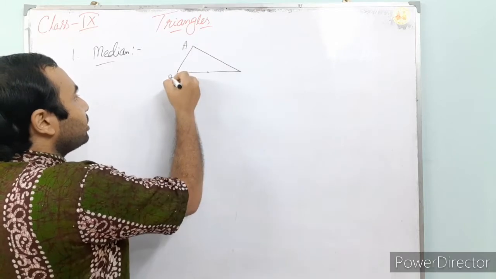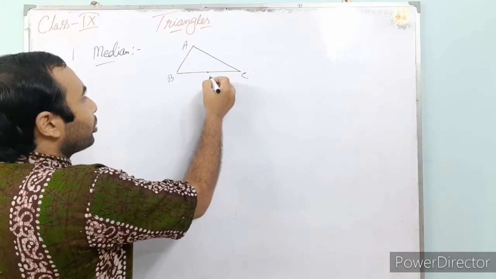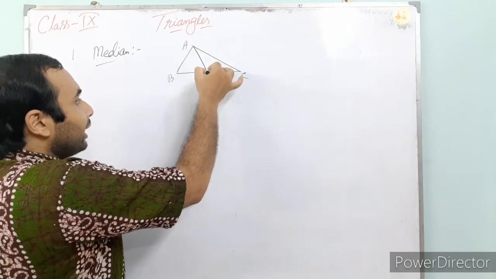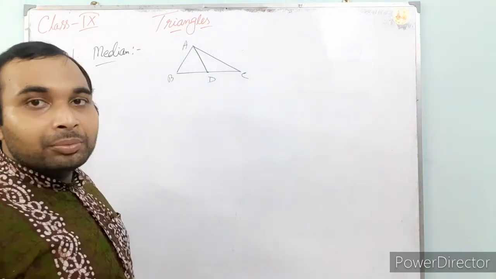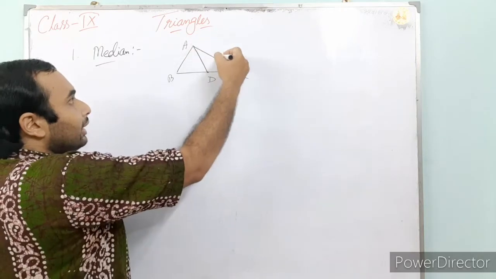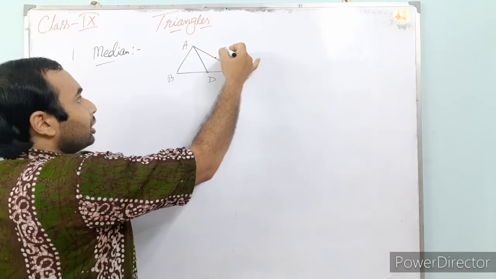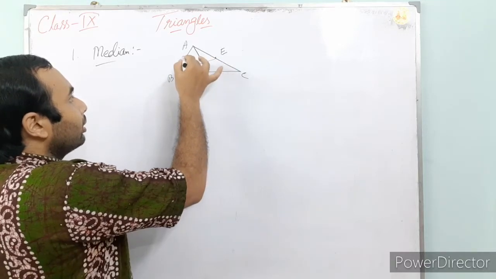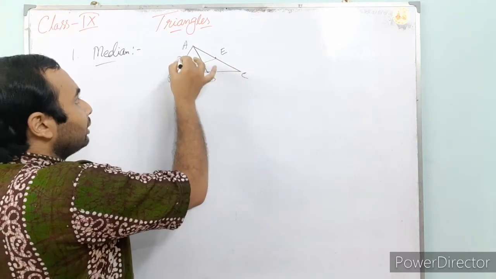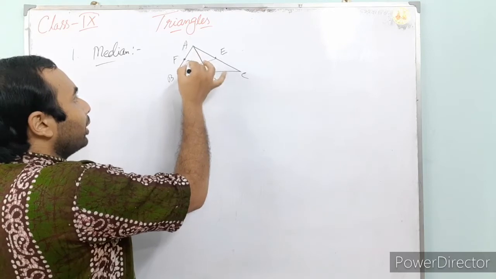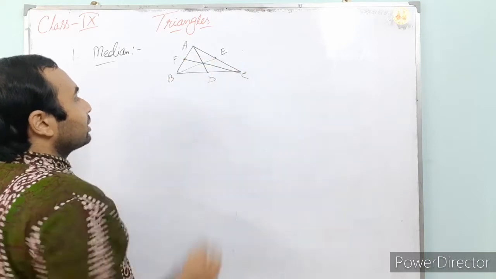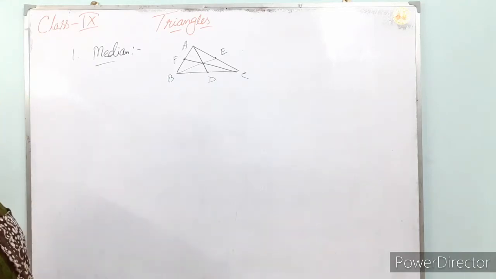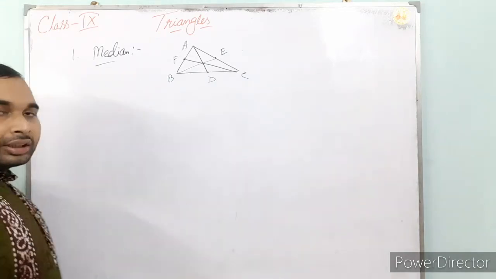If this is A, B, C, and D is the midpoint of the opposite side BC, then if we join AD, AD is the median. Same for AC, if E is the midpoint, then BE is the median, and for AB, if F is the midpoint, then FC is the median.